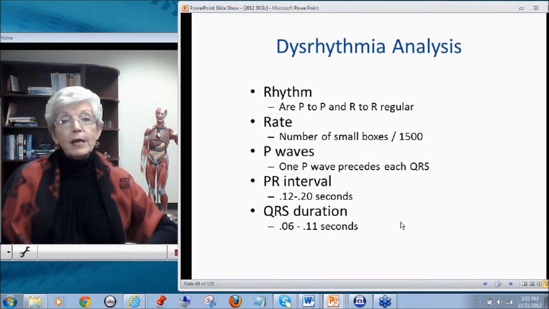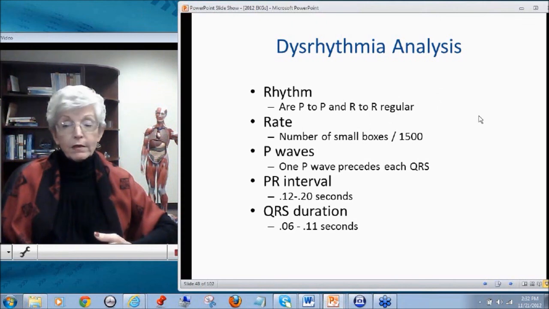So in a dysrhythmia analysis, we want to look at rhythm. Are the P's to P's, the R's to R's, and the T's to T's, is everything totally regular like a metronome? We want to calculate the rate, which is taking the number of small boxes and dividing that into, not 50, but 1,500.